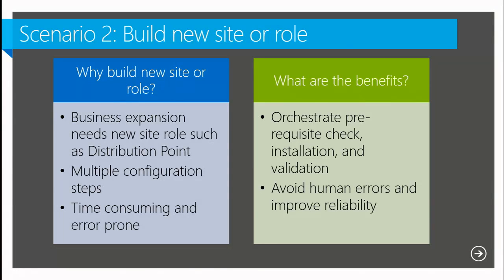That's quite a common scenario, I think, for a lot of folks, where there's an acquisition, for instance, or you're opening a new office and you want to build new roles. It could be a distribution point role, or if you have mergers you might want to build an additional site, or install a management point role locally. Some of the issues we were having previously was that it was taking a while.